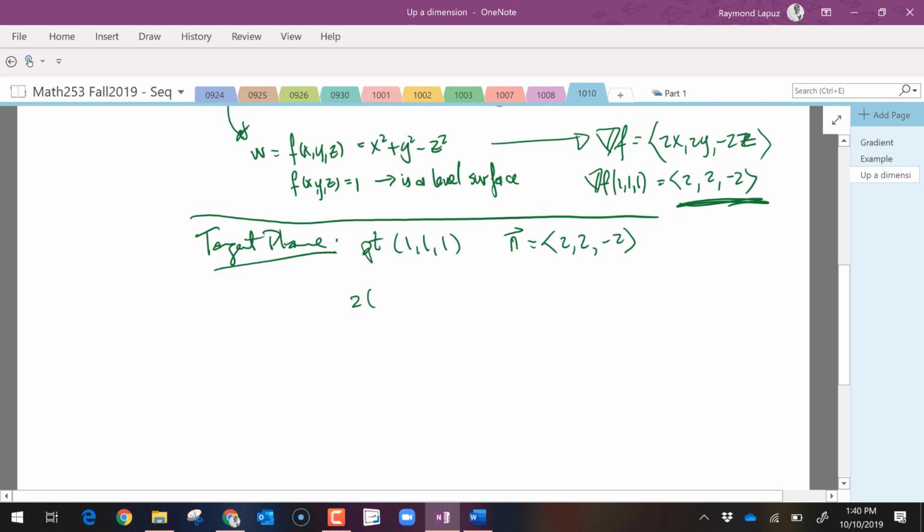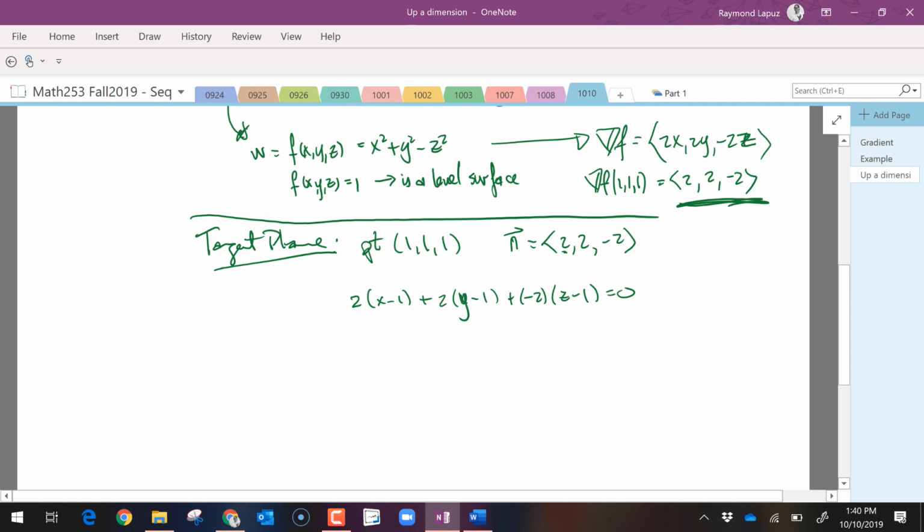So I have 2, x minus 1, plus the next 2, y minus 1, plus I have a negative 2, z minus 1 equal to 0.